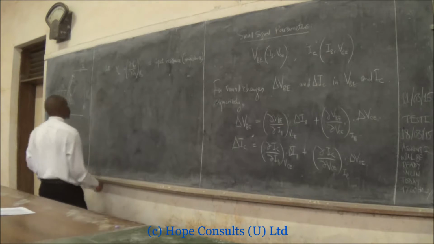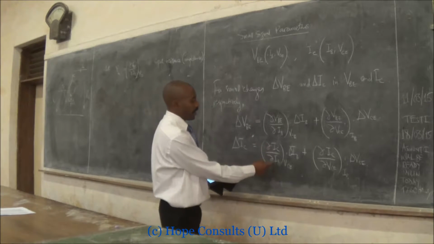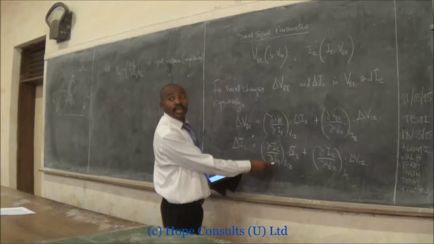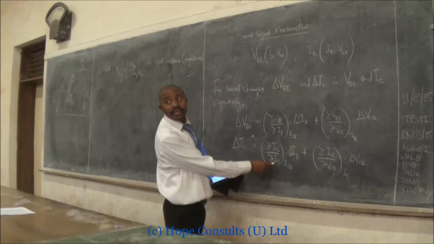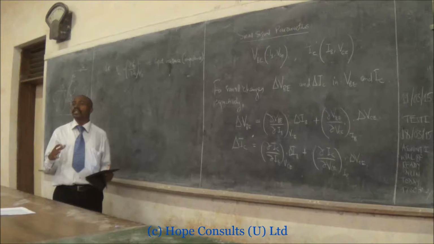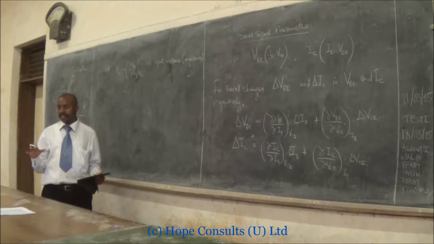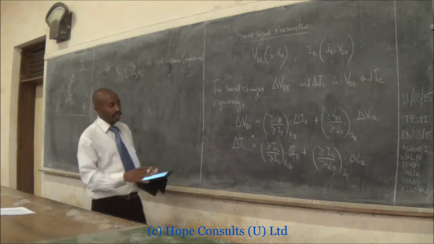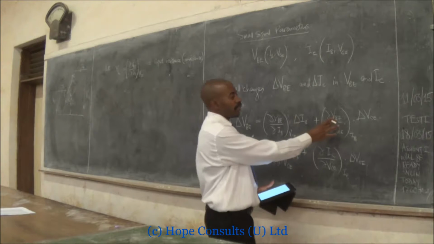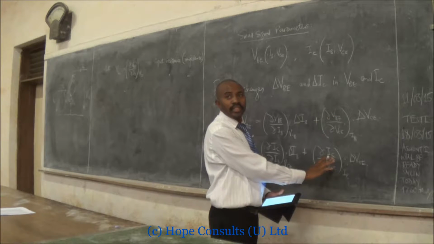And also, if you look at this ratio here, you're having the ratio of the output current to the input current. So if you are comparing the ratio of the currents, you are looking at how it is gaining or how it is becoming small. So we talk of gain. That is a current gain. So this is a current gain, this is a resistance, this is a voltage gain, and then this is also a resistance.